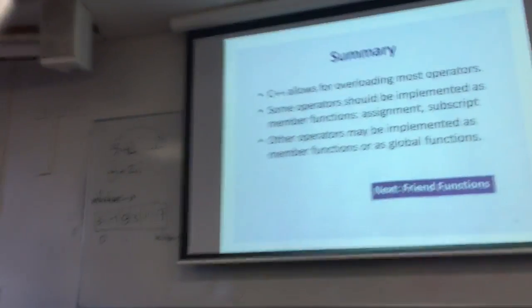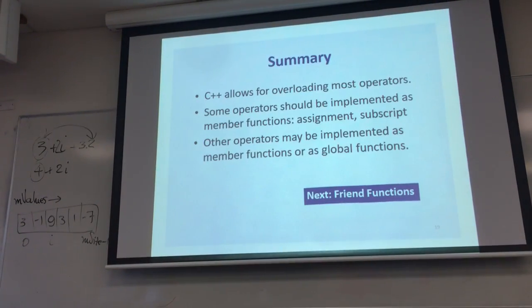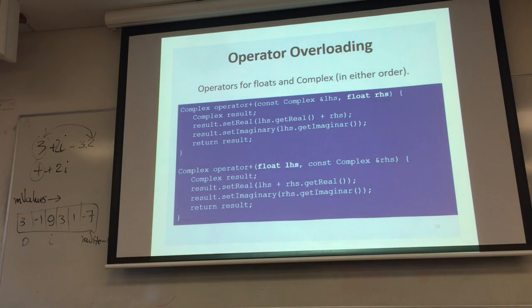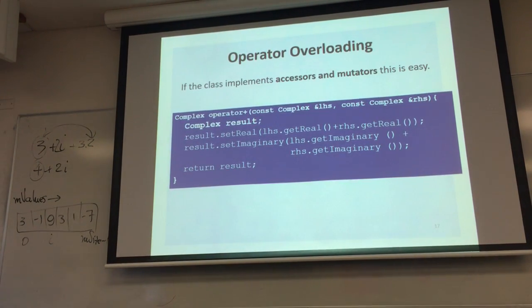Now, we have seen that some operators must be implemented as member functions, others as global functions. Even for this one, you might have an operator plus-assign for complex and then have a global function invoking that plus-assign to do the implementation for this case.